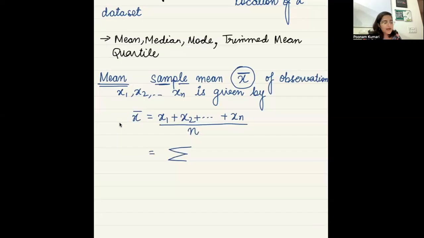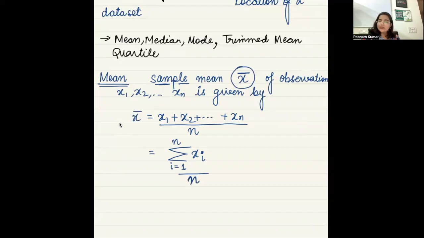So what is the general number that you have? xi. Here, this i value is taking different numbers. i is going from 1 to n, right? So you write that i is taking minimum value 1 and maximum value n. So you write it like this and then you divide it by n. This is your sample mean.